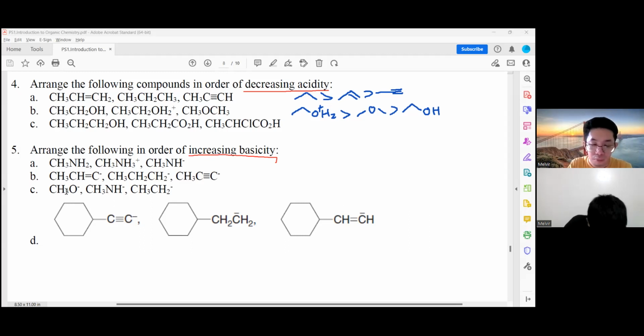Letter C pa for number 4 and then number 5, A to D.